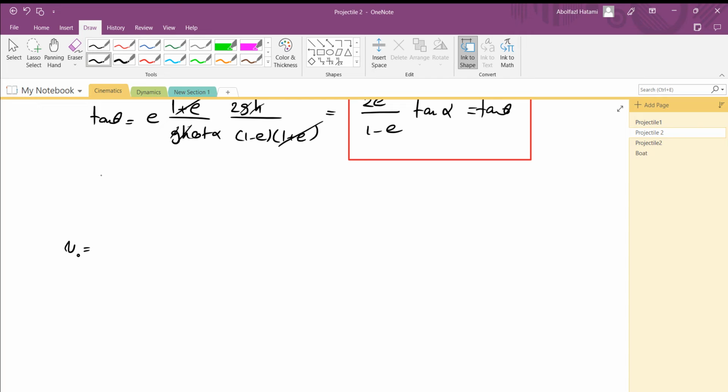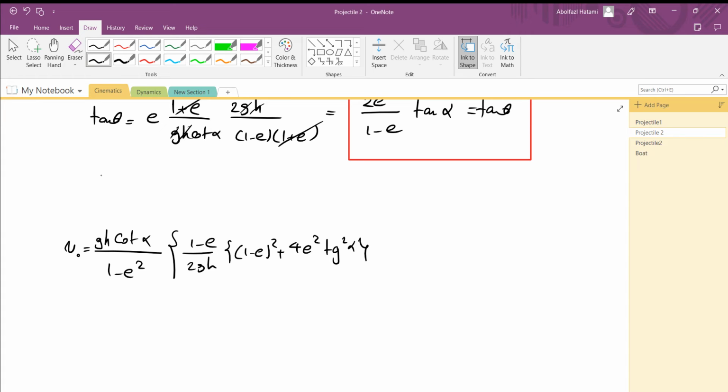But I think V0 is going to be some bad expression like gh cotangent of alpha divided by 1 minus e square, over 2gh, again this 1 minus e square plus 4e square tangent square alpha.